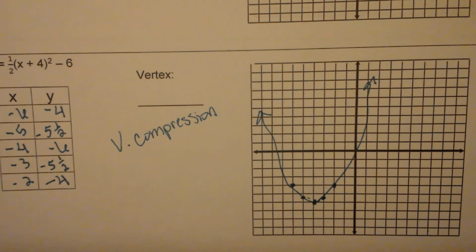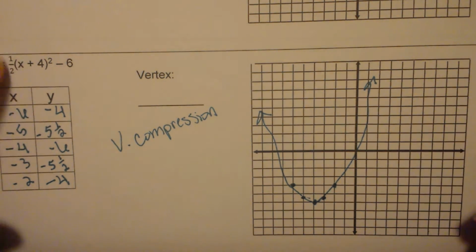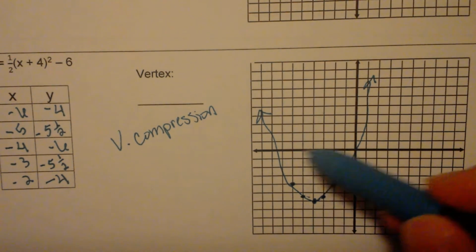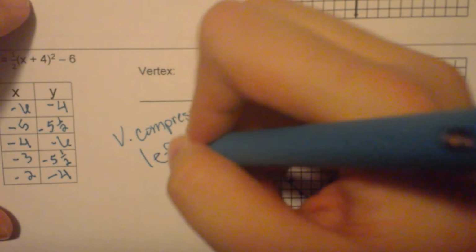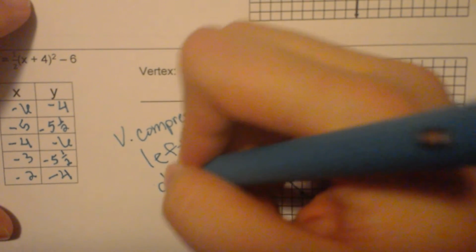And so my graph does appear wider because I squished it down. And my vertex moved to the left and it went down. Left 4, down 6.